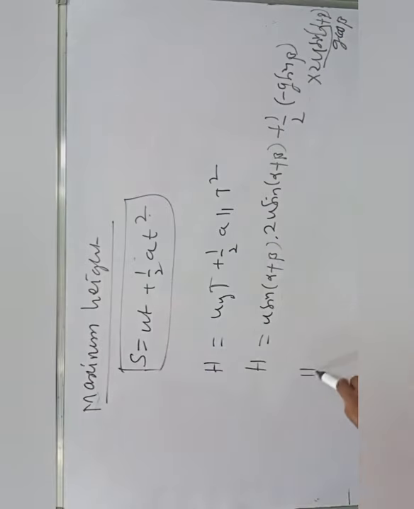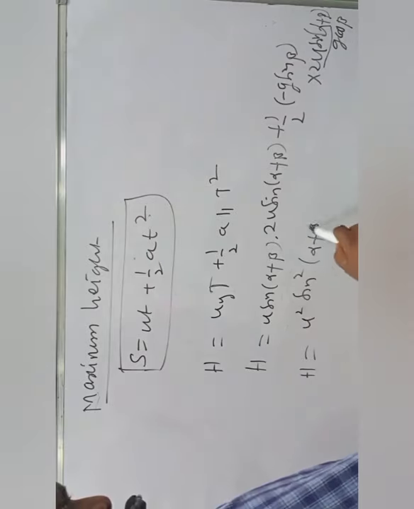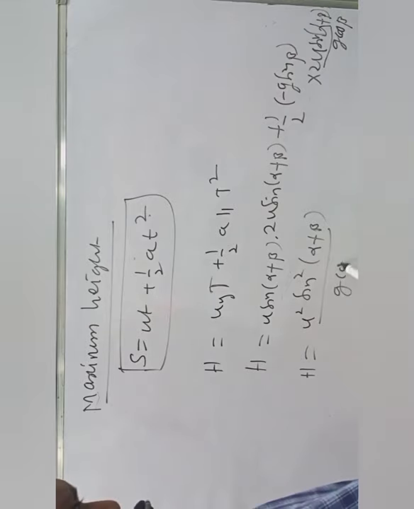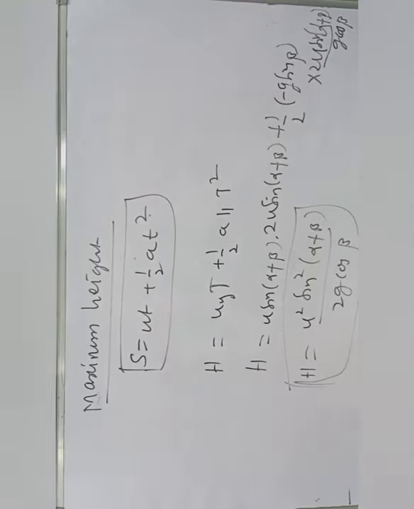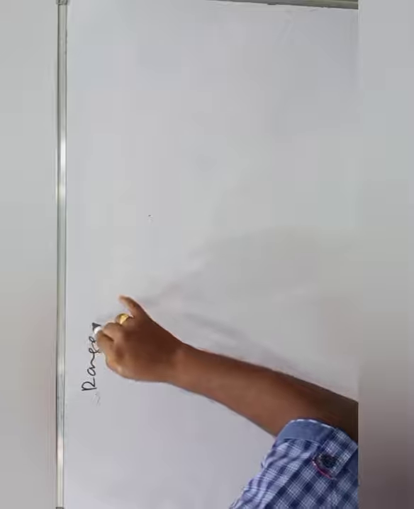By simplifying this equation, we get u square sin square(alpha plus beta) by 2g cos beta. This is the required equation.